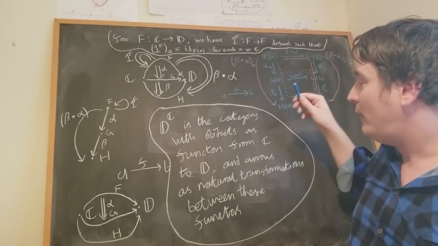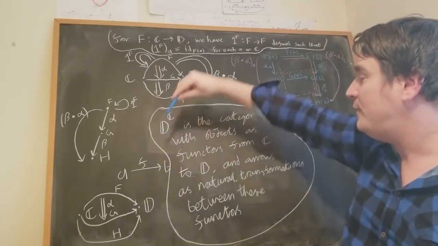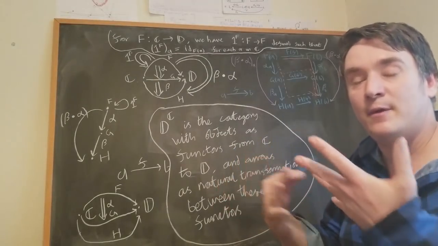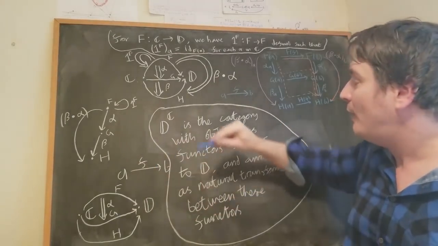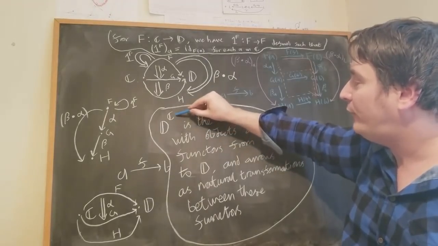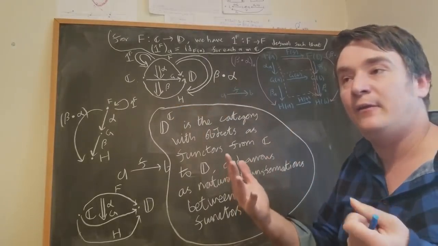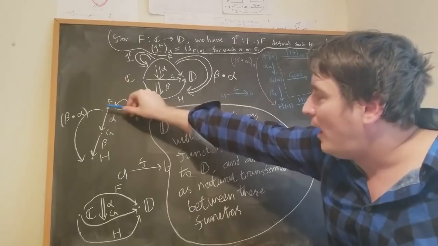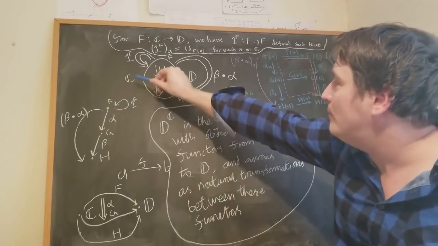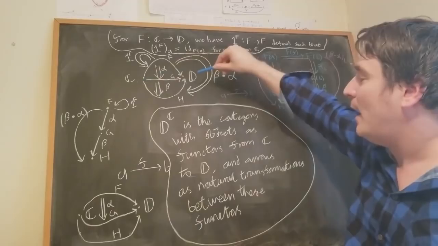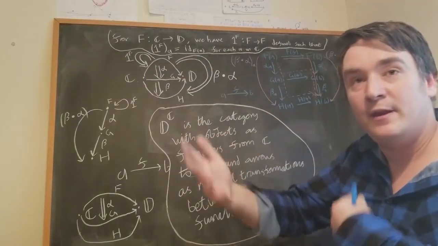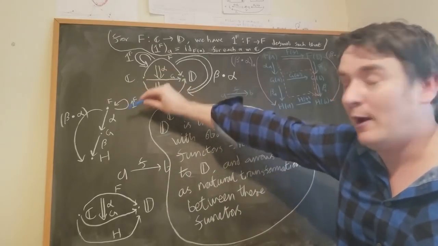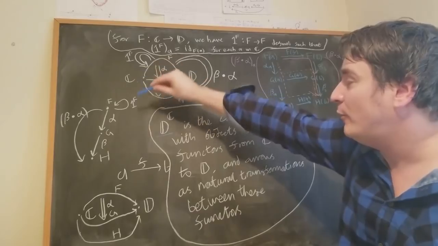But yeah, so we have this interesting kind of new structure now that we see within this category of categories, and we write that as D to the power of C. And what this essentially is, is a category where all the objects are functors which go from C to D. And then the arrows in this new category are going to be the natural transformations between these functors.